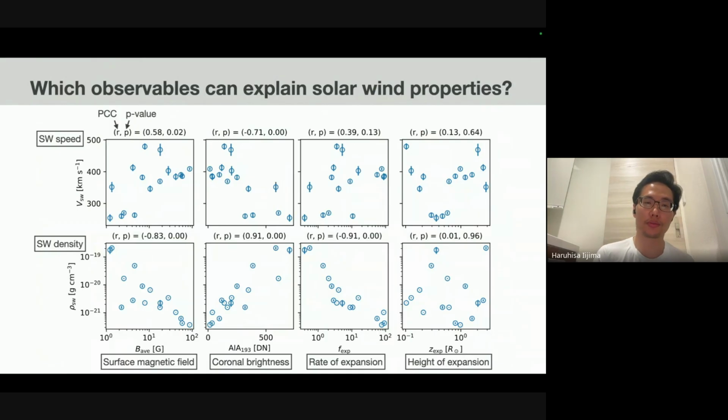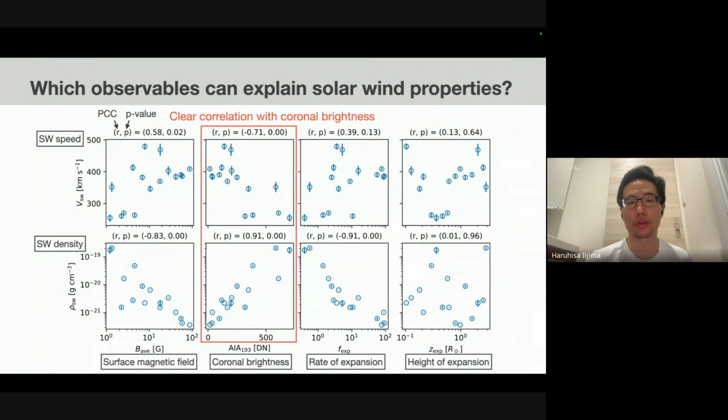And we have two numbers at the top of each panel. The R represents the Pearson's correlation coefficient, and the P represents the p-value. Among these plots, we found that the solar wind speed and solar wind density are well explained by the coronal brightness.